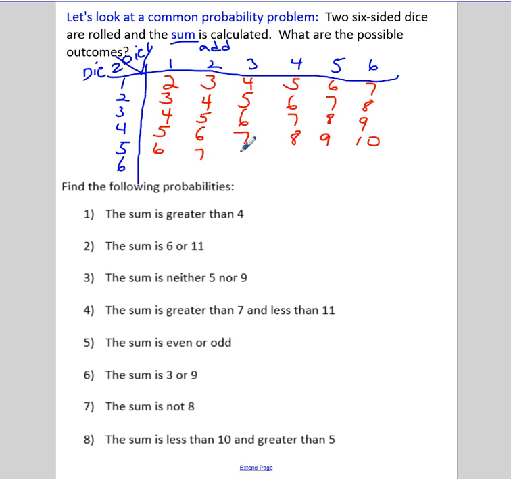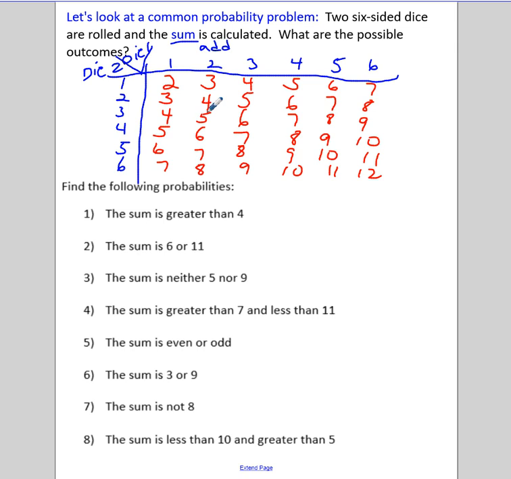A 2 and a 5 would be a 7. 8. Hopefully you're starting to see a pattern here. So if die 1 is a 1, die 2 is a 6, this would be a 7, 8, 9, 10, 11, 12, right?